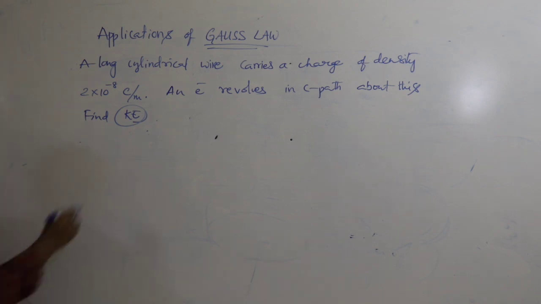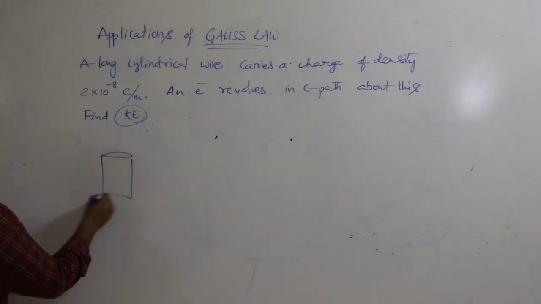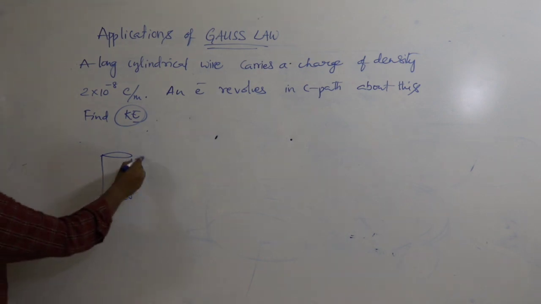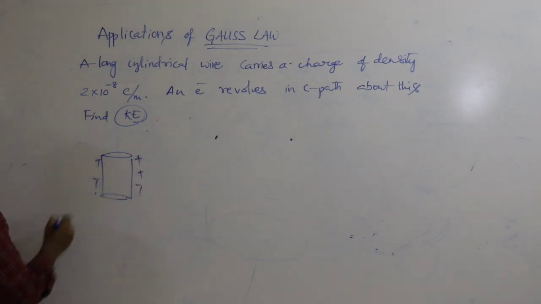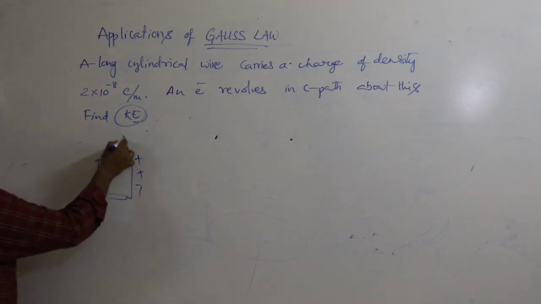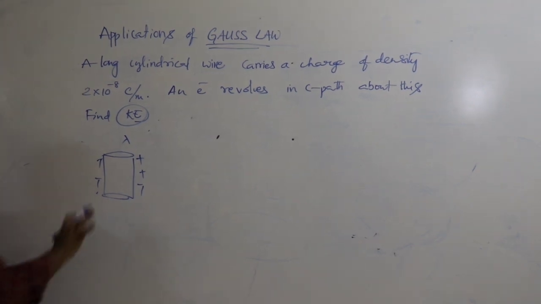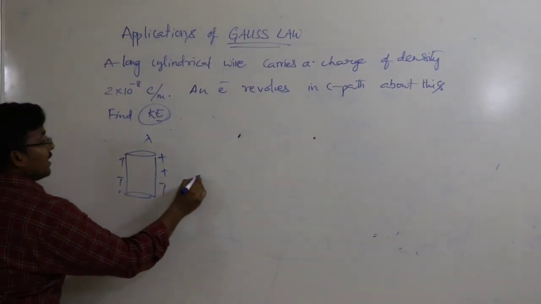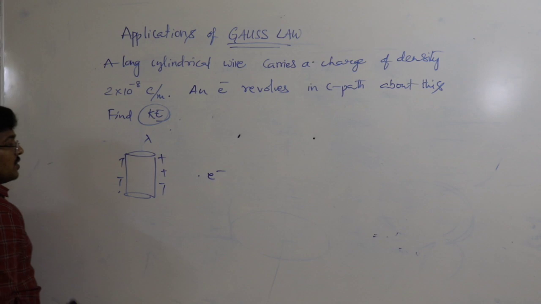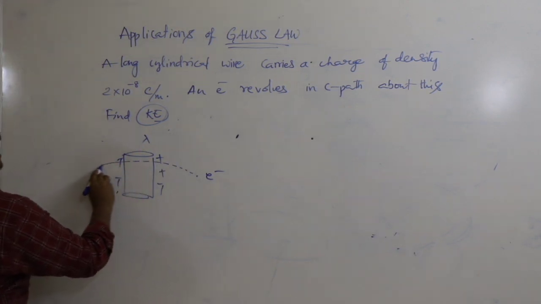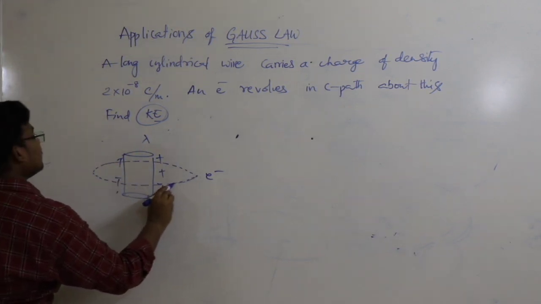Now what we will do, take a cylinder, and for this the charge is there and they have given the lambda value. Now around this cylinder an electron is revolving. Take an electron. Now this is revolving in a circular path.